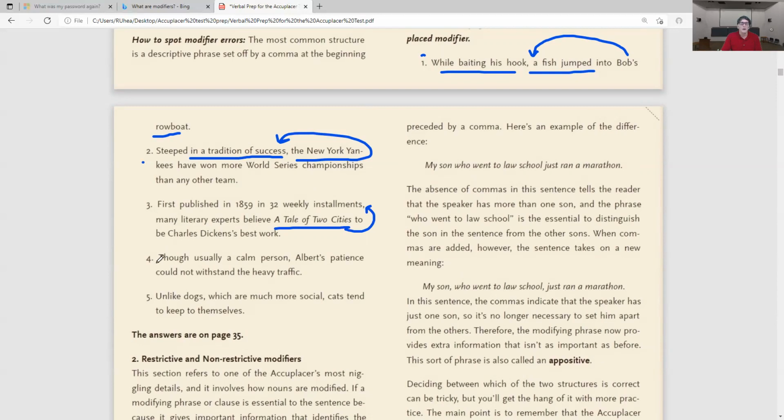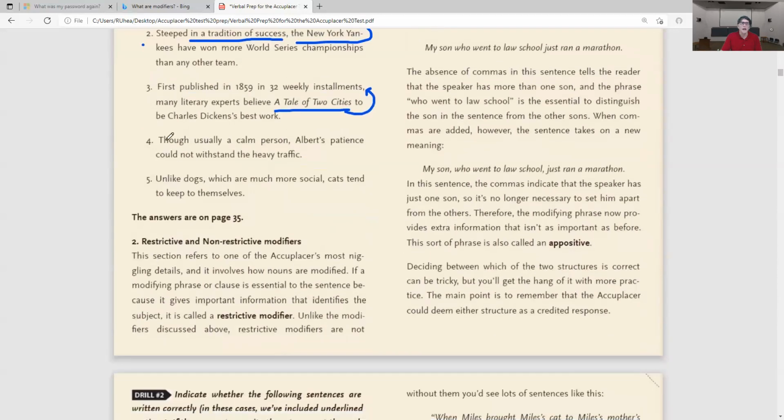Number 4, though usually a calm person, Albert's patience could not withstand the heavy traffic. Again, it's fairly easy to understand the sentence. However, the first part of the sentence, though usually a calm person, doesn't contain a pronoun referring to the subject.